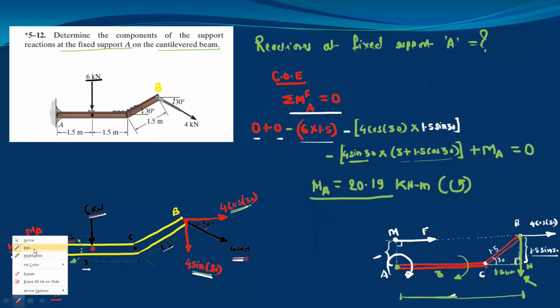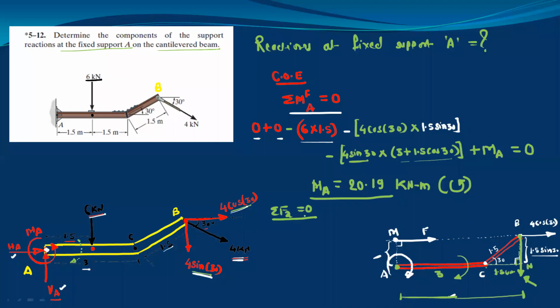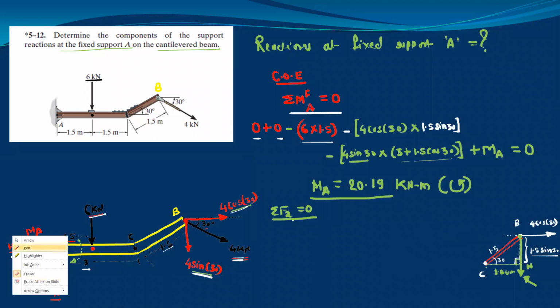After this, use the equation summation Fx equals 0. For summation Fx equals 0, we have HA on the positive side, which is the unknown. Next force is 4 cos 30, which is also in the positive direction.